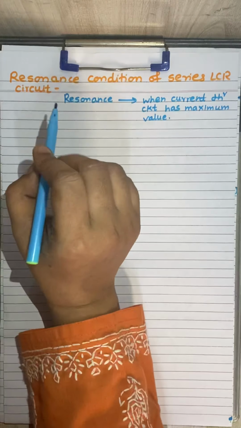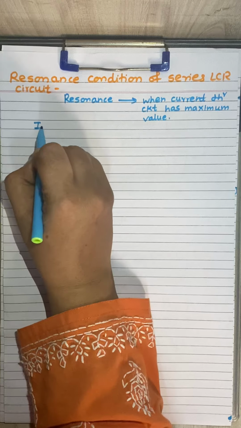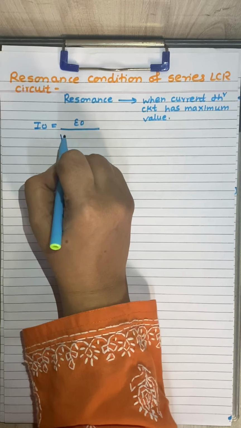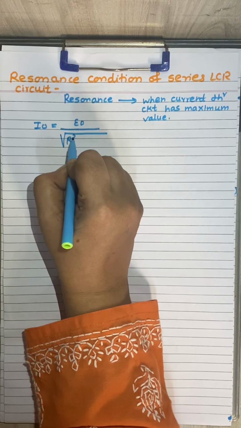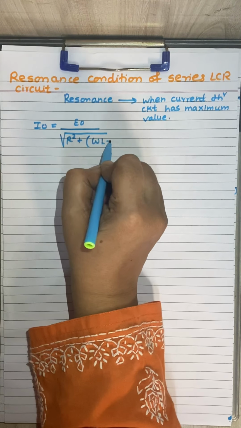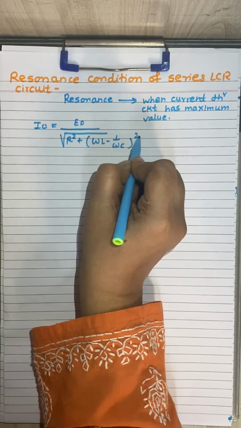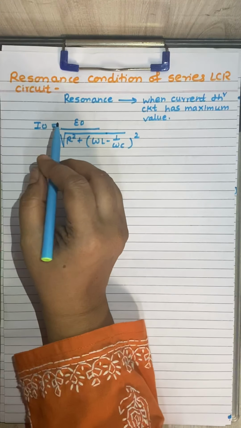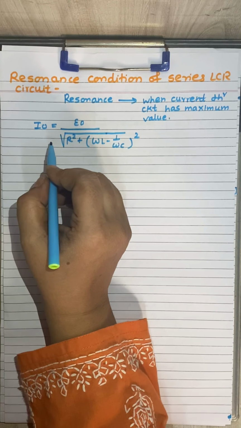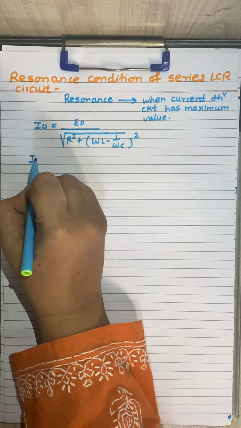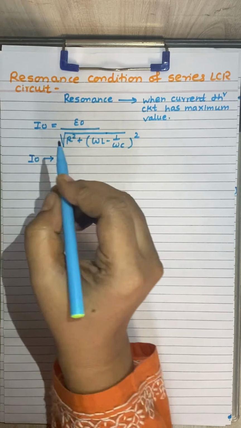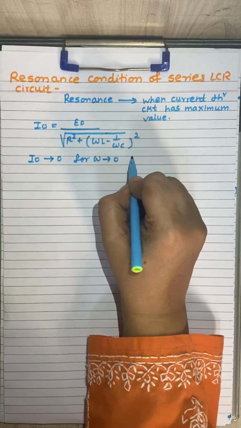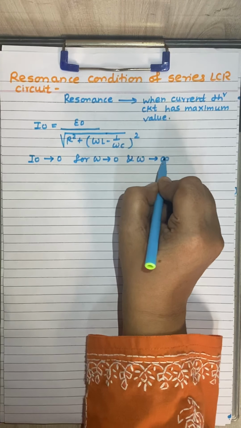Let us go for the LCR circuit basic expression. We have studied that I naught is equal to E naught upon under root of R square plus (omega L minus 1 upon omega C) whole square. Now I naught tends to 0 for omega tends to 0 and omega tends to infinity.